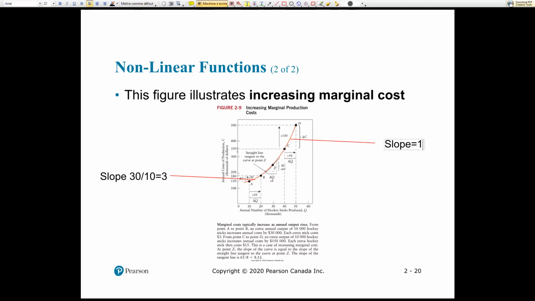So, Professor, what does it mean that the slope differs from some points to others? So it's expressing the fact that the relation between the variable and the other changes as the level of this variable changes. So here, what's the relation? It's the annual number of hockey sticks produced, and here is the cost of production of hockey sticks.